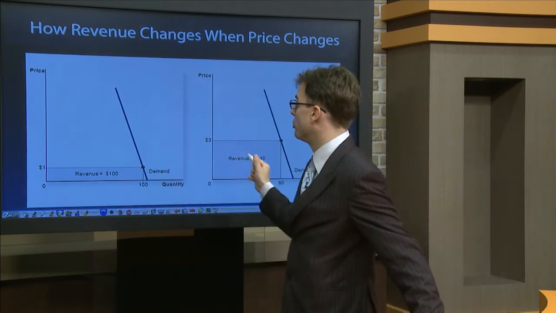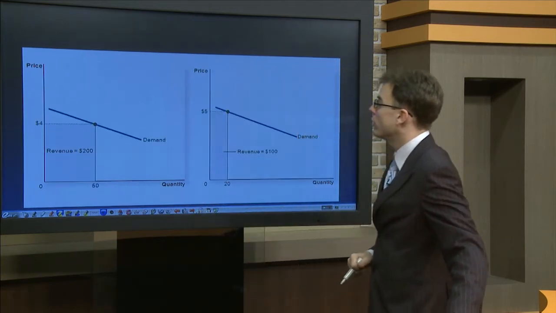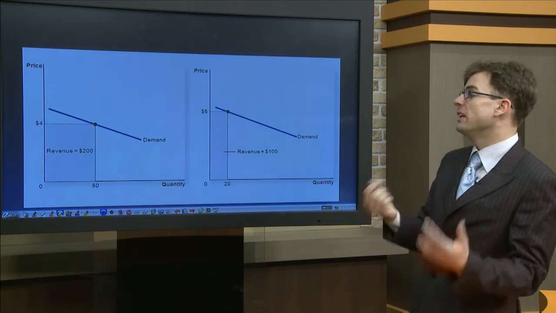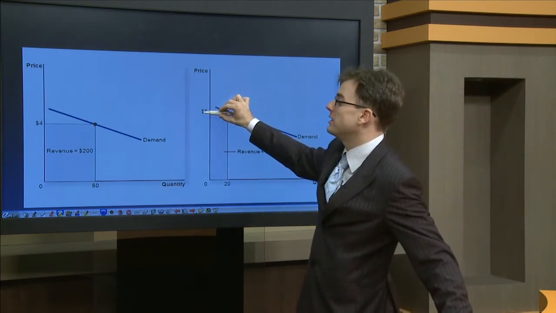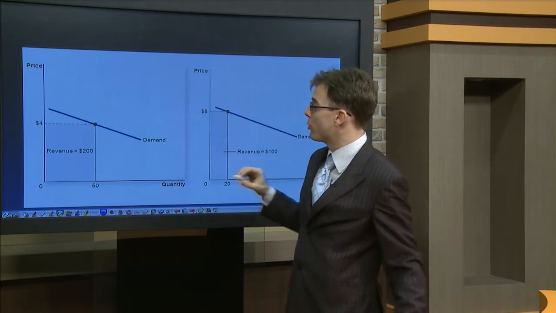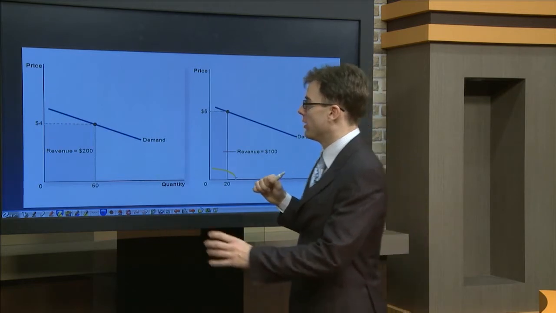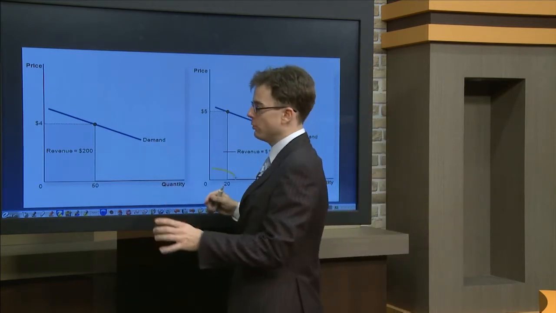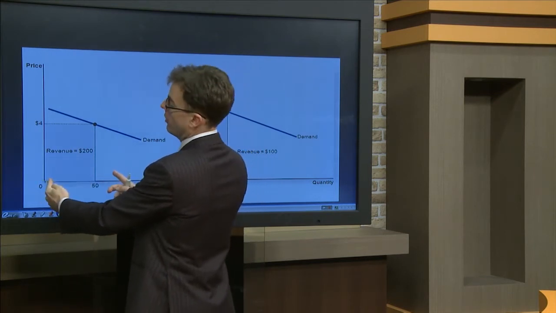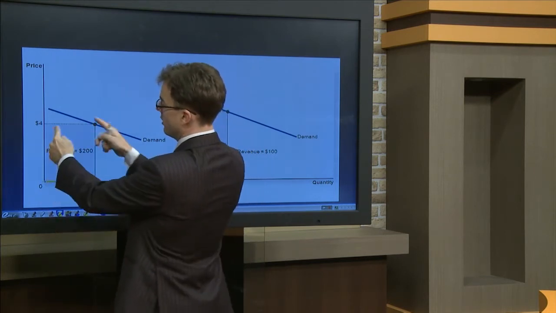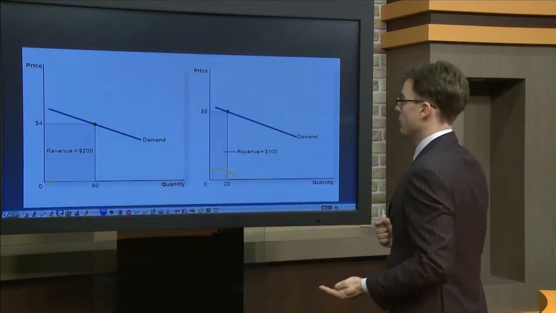On the other hand, if we looked at an elastic demand curve, if the price in the marketplace increases, the revenues of producers will decrease. And this should be quite intuitive. You should think that we are comparing the relative width of these squares and the relative height of them.